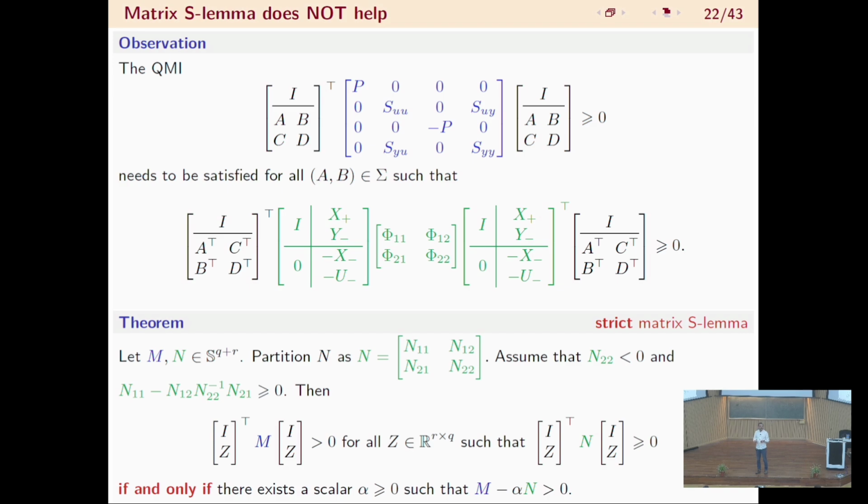Unless, of course, there is a way to pass from Z to Z transpose while keeping the quadratic matrix inequality.